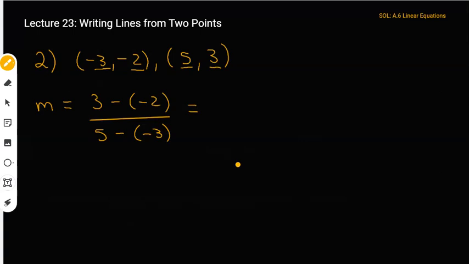On the top, I have a double negative. So that's going to be 3 plus 2, which is 5. On the bottom, I also have a double negative. That's going to be 5 plus 3, which is 8. So now I've got my slope, 5 over 8.